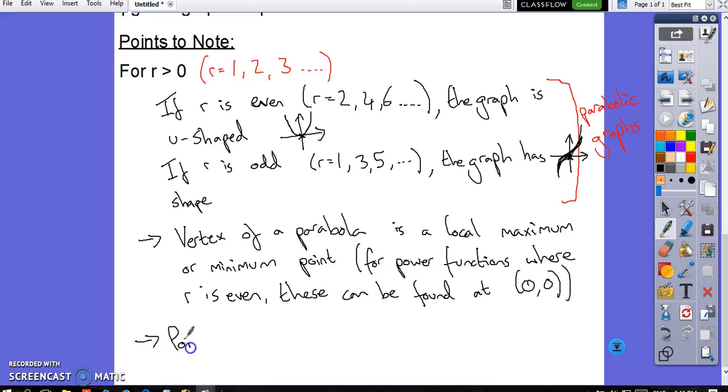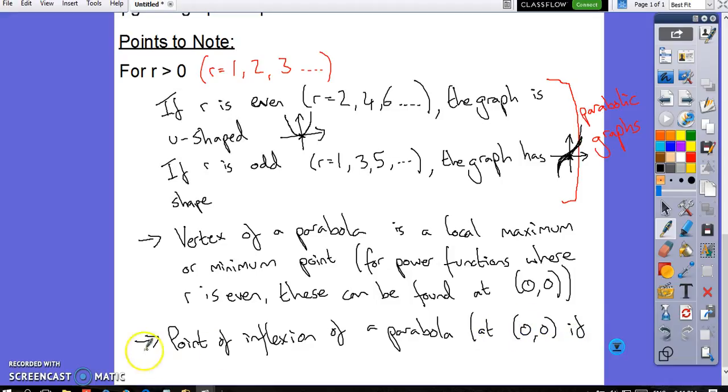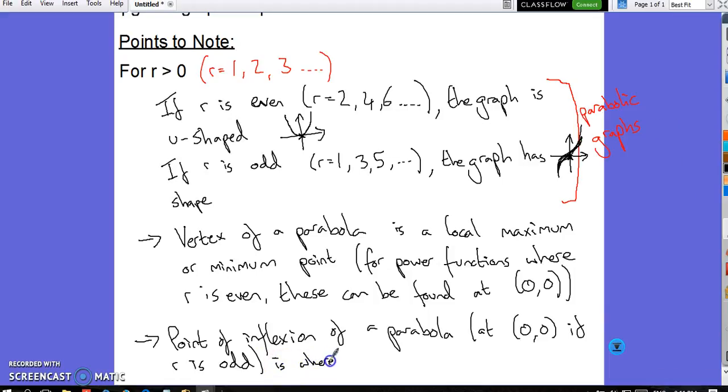So the point of inflection of a parabola at 0, 0, if r is odd, is where the function changes its concavity.